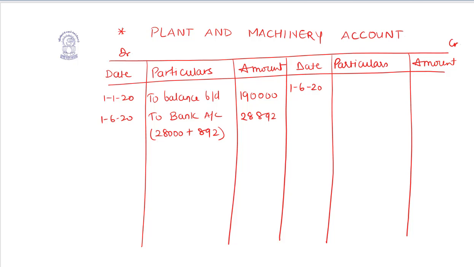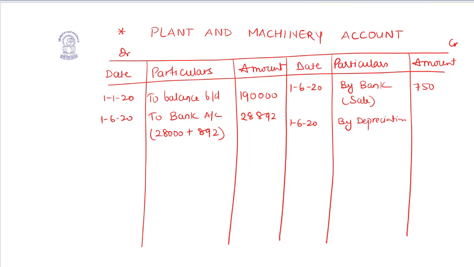On 1st of June 2020, the machine is sold for 750, by bank, machinery sold 750. On 1st of June 2020, we need to charge depreciation on machinery sold.